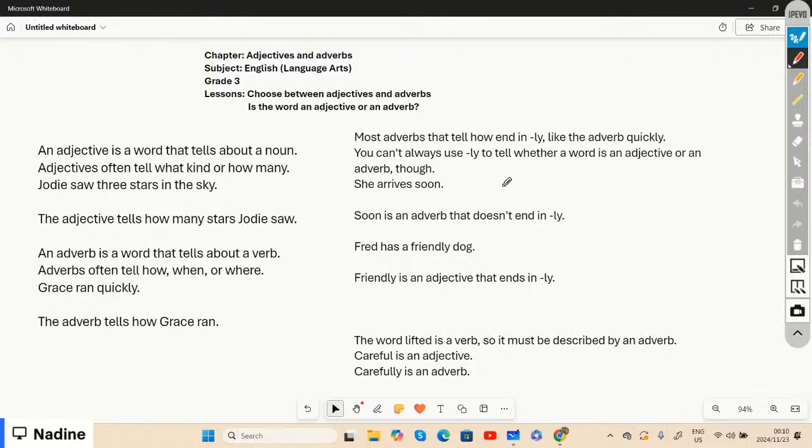And adjectives often tell us what kind, or they can tell us how many. So the way it describes a noun or tells us about a noun can be in the manner of what kind or how many.